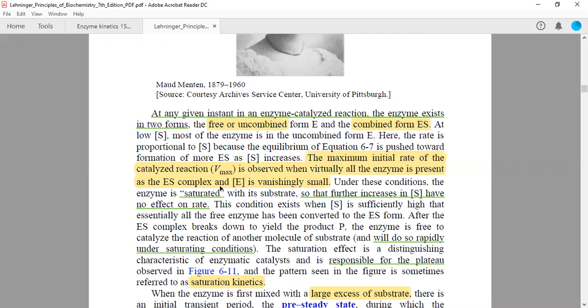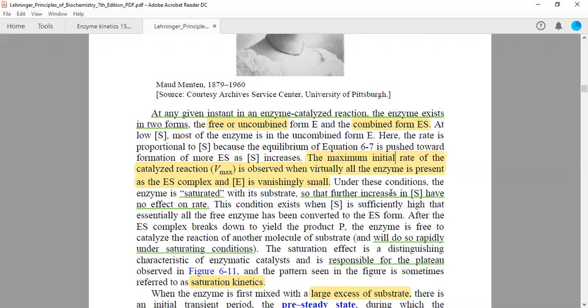And the second thing, you assume that at this condition, when this enzyme substrate complex is formed and the enzyme is saturated already, then the free enzyme, which is the unbound form of the enzyme, is vanishingly small. This is present in very small quantities in the test tube actually. So under these conditions, the enzyme is saturated with its substrate.